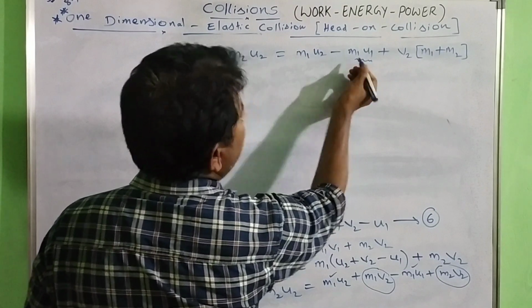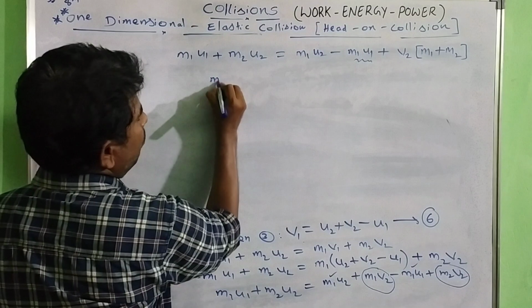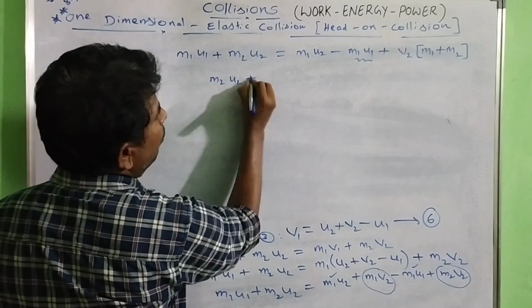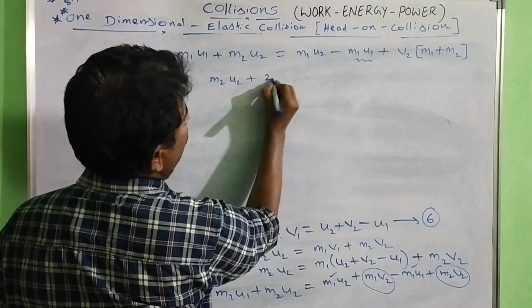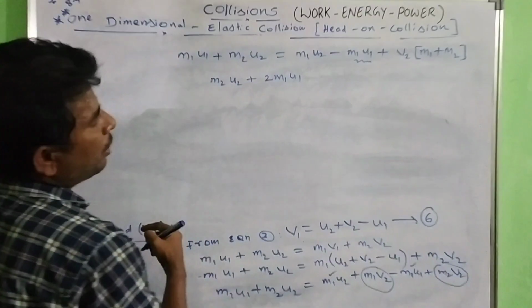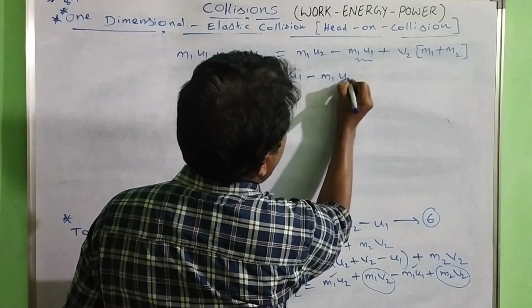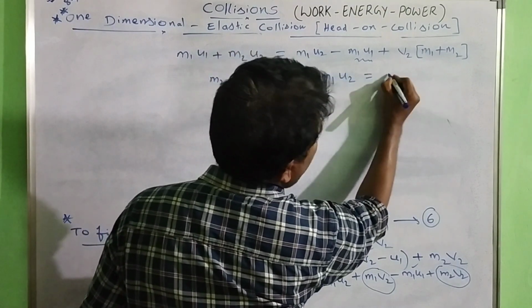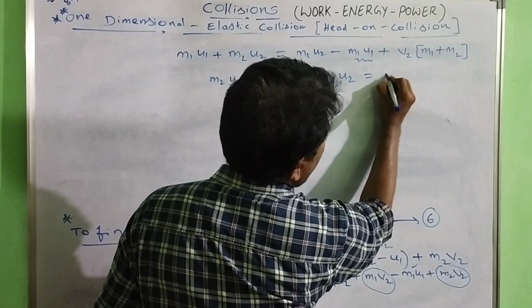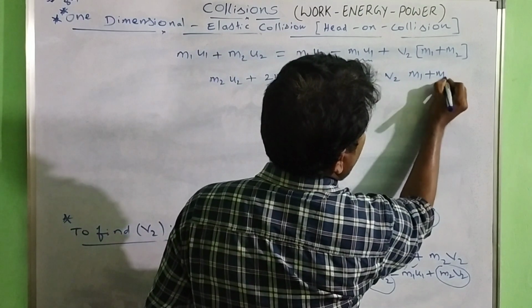Taking the u terms to the left side, that is m2 u2 plus 2 m1 u1 minus m1 u2, equals v2 into m1 plus m2.